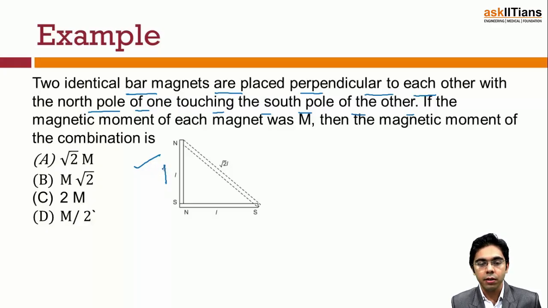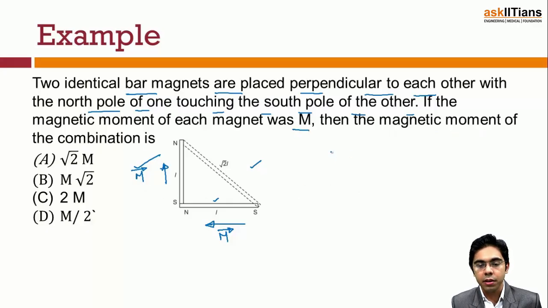So the magnetic moment for this rod will be M in this direction, and the magnetic moment for the second rod is in this direction, from south to north. Both will be M because the lengths are the same and the pole strengths are also the same. We can see this from the figure. The magnetic moment of each magnet is capital M, then the magnetic moment of the combination is.